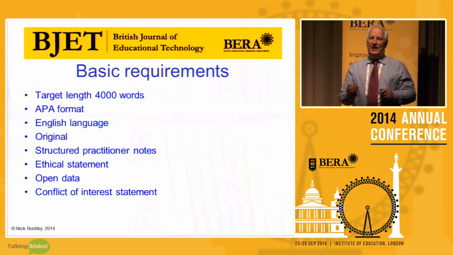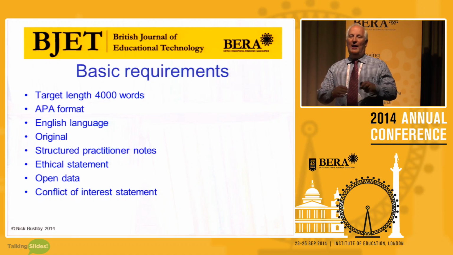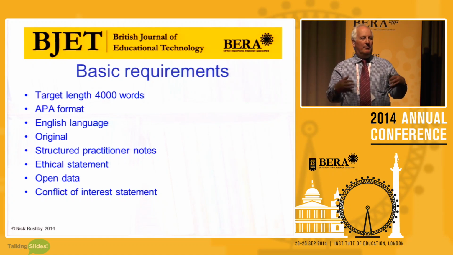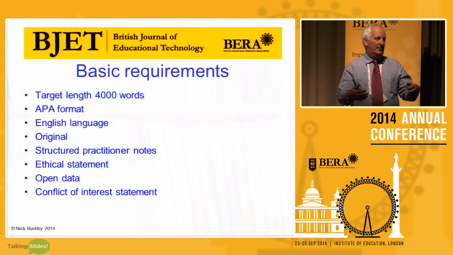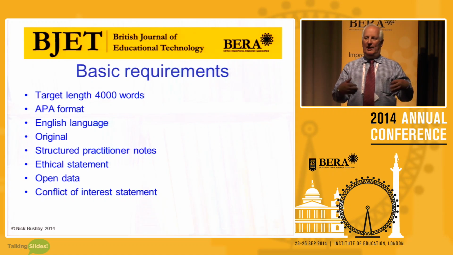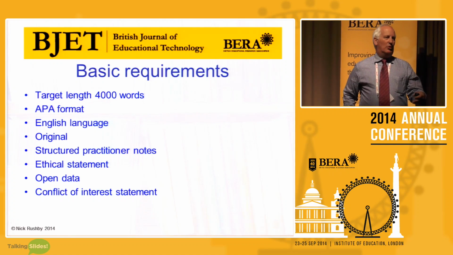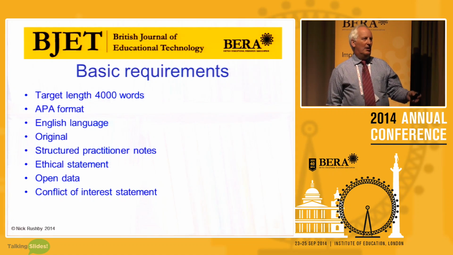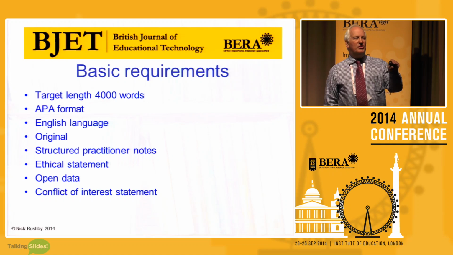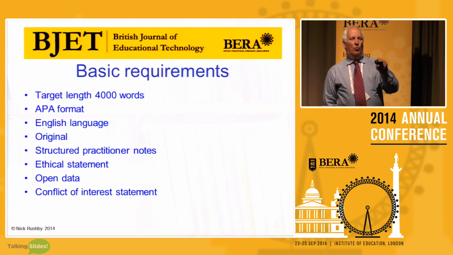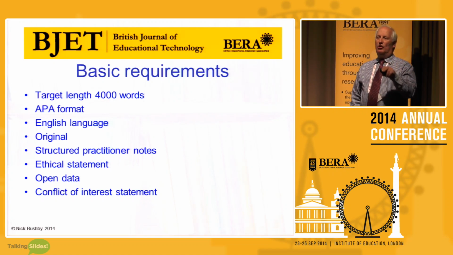There's no other point in having a paper published in a journal unless there is some result. We're publishing research in educational technology. We would like that to have some impact. And that's what the structured practitioner notes do. What's known about this subject? What does this paper add? And what should you, the reader, do about it?